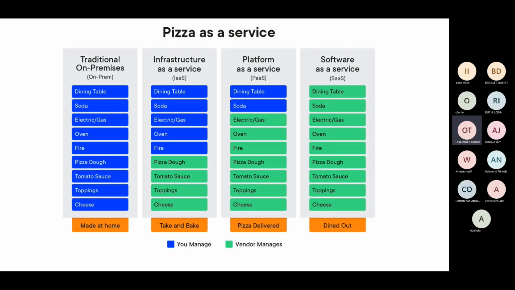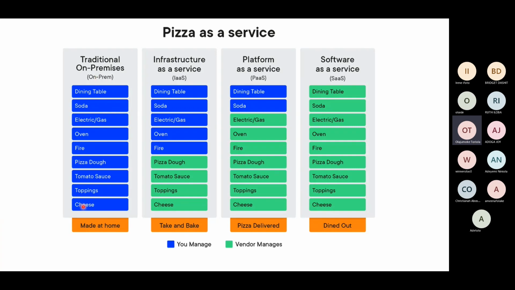So let's say typically today, you buy everything that you need to make a pizza, like a homemade pizza. I don't know if some of you know how to make a homemade pizza. If you know how to do that, you make it from scratch. So you do everything yourself. An example is on-premise.